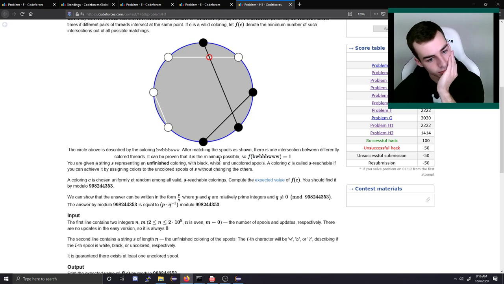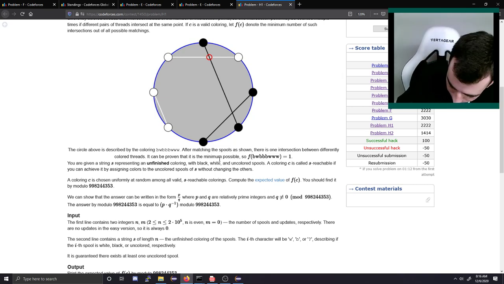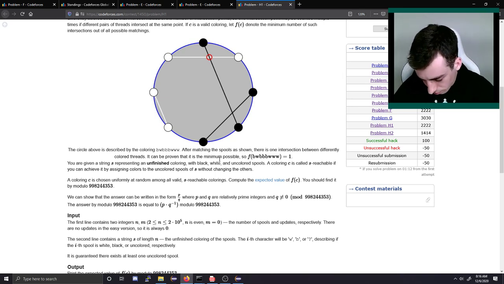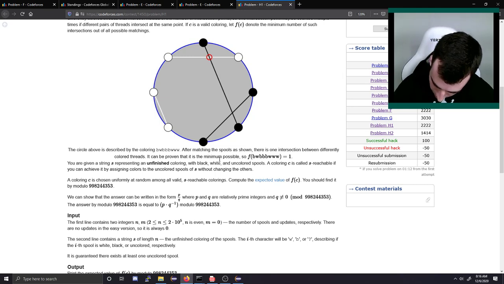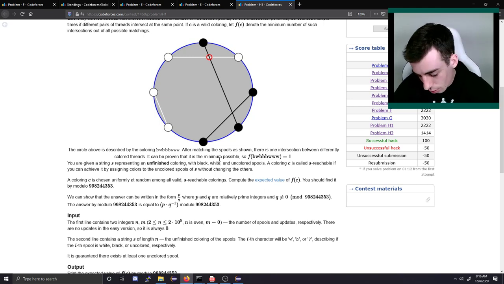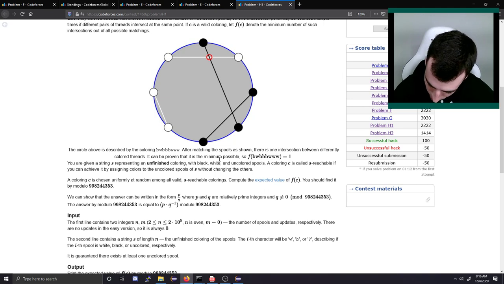So if you have like black, white, black, white, black, white, then you're gonna need several intersections, I think. We have 8 things like this, then you have to go like this. Oh wait, yeah, doesn't matter. You still need 2.